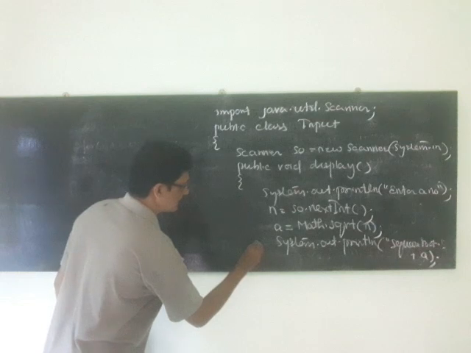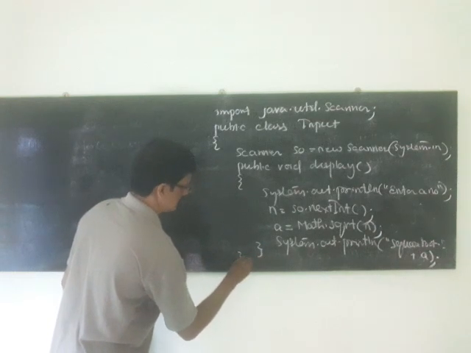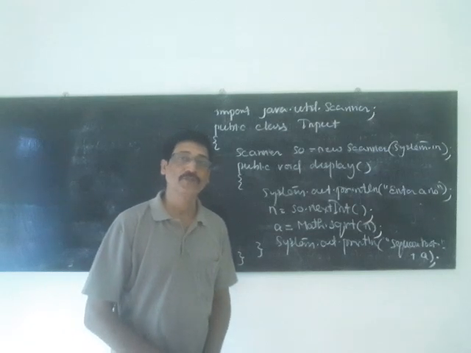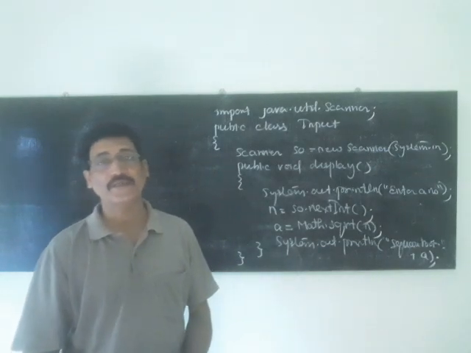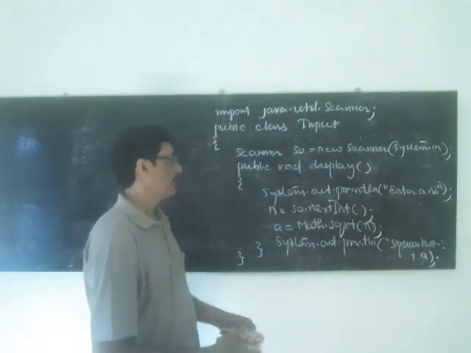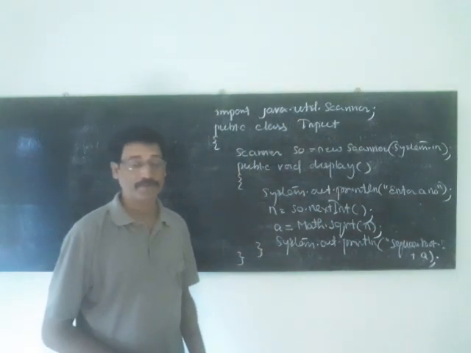Now you can close the method and close the class. This program I will run in the BlueJ environment. In this way you can input the number using the scanner class and use it in the program.